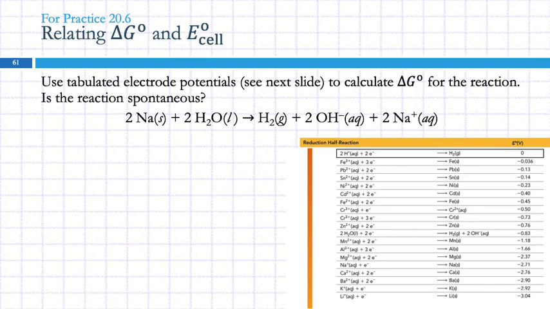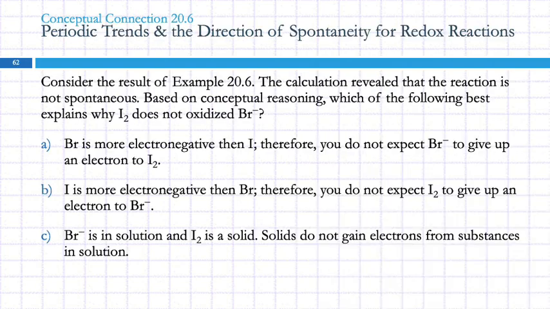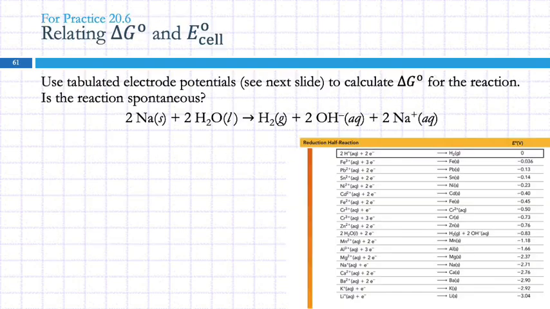So use tabulated electrode potentials to calculate the standard free energy change for this reaction. Is the reaction spontaneous? Why does it say see next slide? I think it says see next slide because that used to be on the next slide, but now I put it on this slide and I didn't change it.